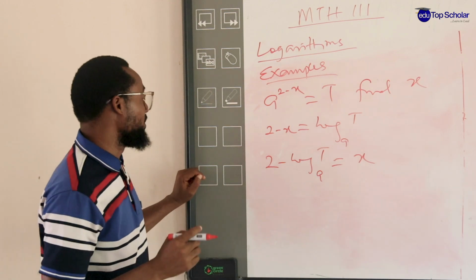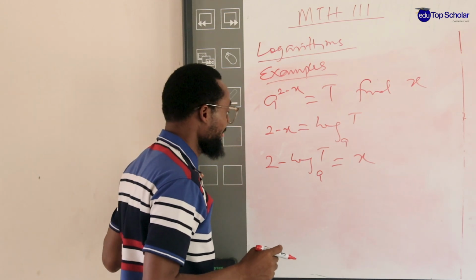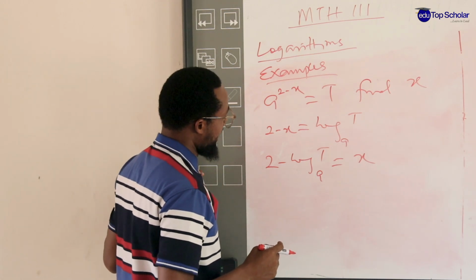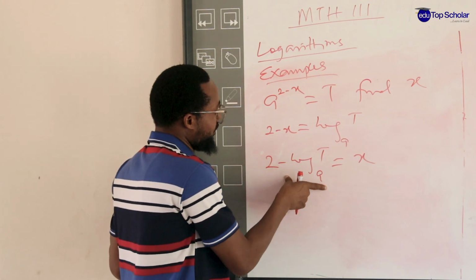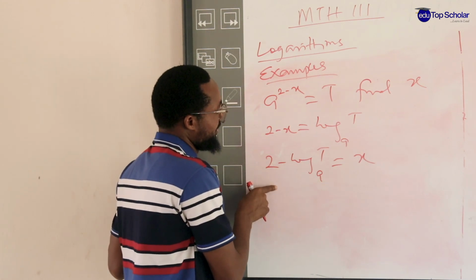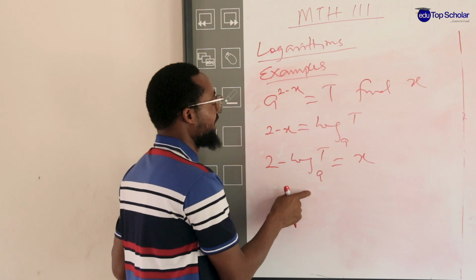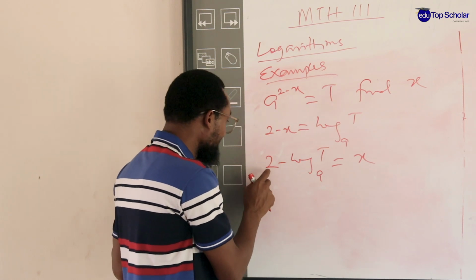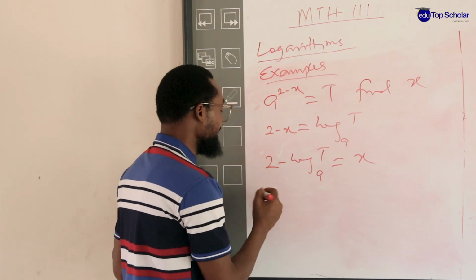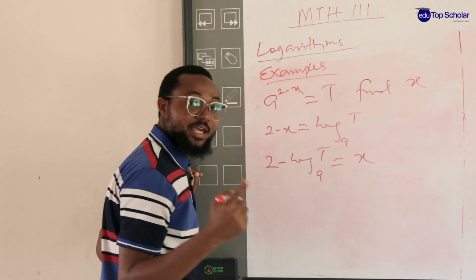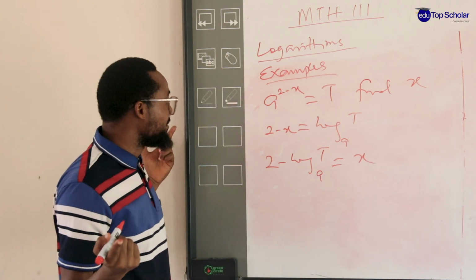And therefore, from here, because I want to simplify this further to get the value of x, because my x is actually this, I want to simplify further. How? If I multiply this by log a base a, log a base a is 1, so I'm just multiplying it by 1.